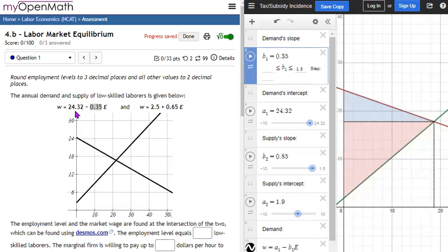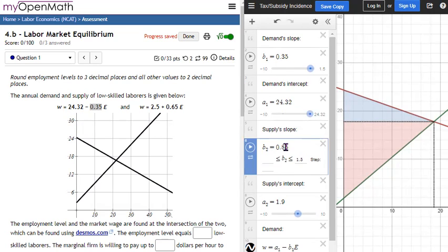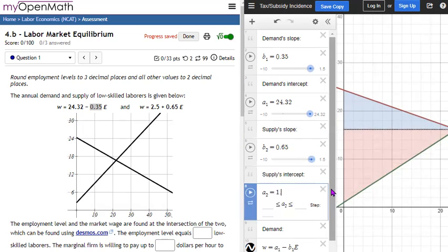The intercept is 24.32, right? The supply slope is 0.65. And the supply intercept is 2.5.